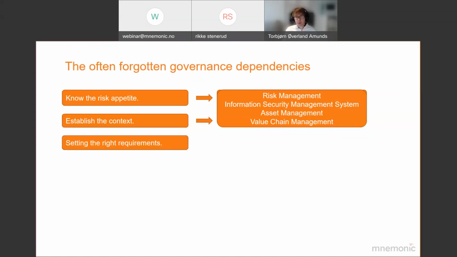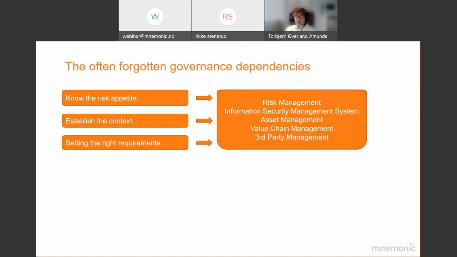For setting the right requirements, we also need a third-party management framework of some sort, because we're not setting those requirements in a vacuum. For example, you can choose to use the Moscow model or some other setup, but it needs to be included, it needs to be ready, and it needs to be a fit for what we're setting.